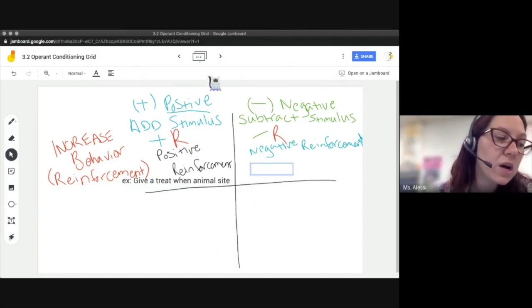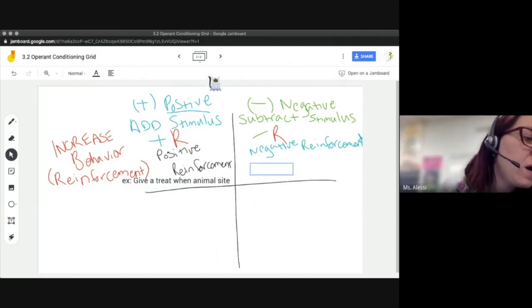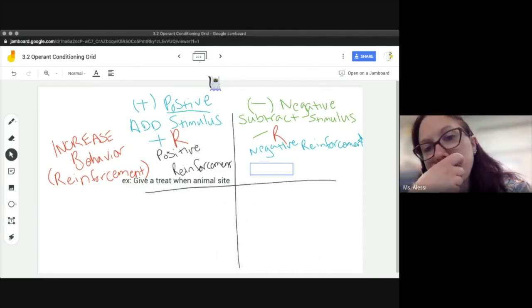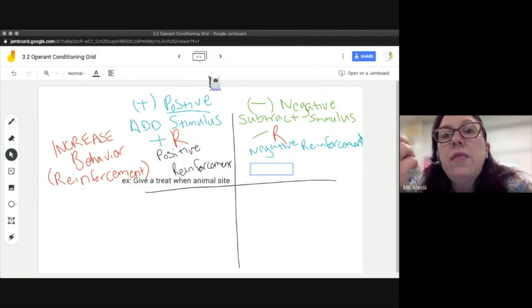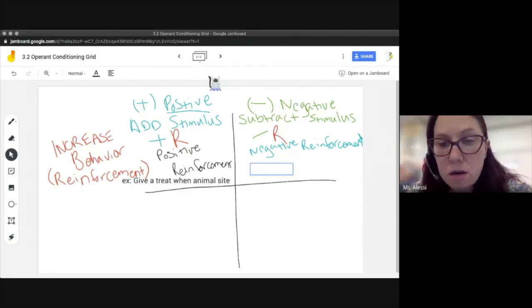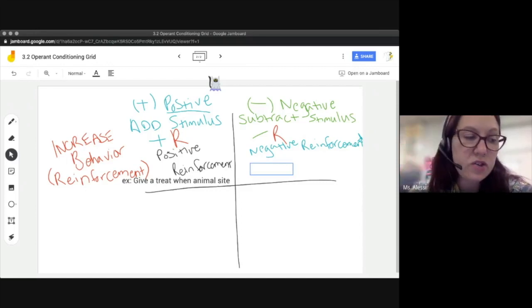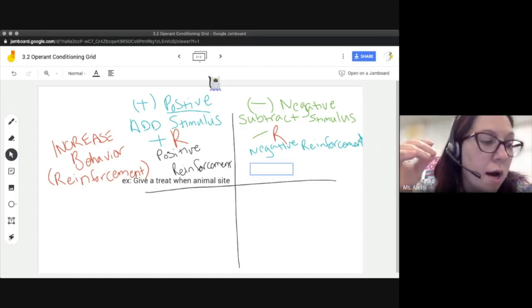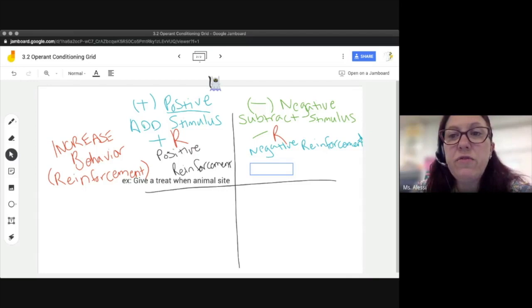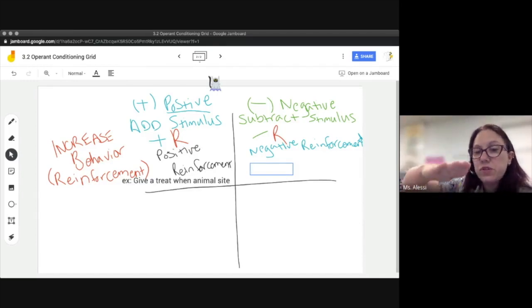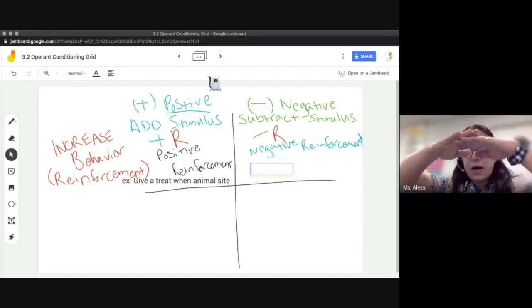this is what he was talking about, escape training in the video. The animal wants that stimulus to be done, so it's going to do the behavior that you want. How many of you have trained an animal to sit and you put pressure on its rump to get it to sit, right? As soon as you push your hand on that animal's rump, its butt moves down.